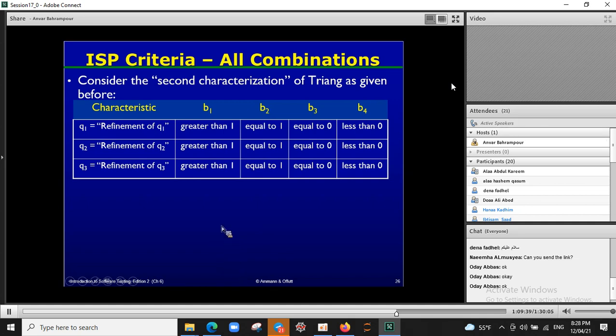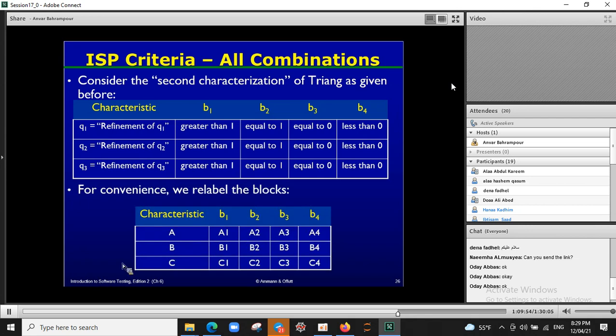According to this labeling table, we define this combination as our base choice for our test cases.